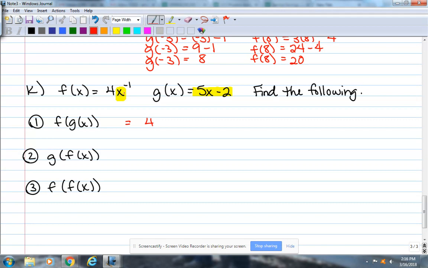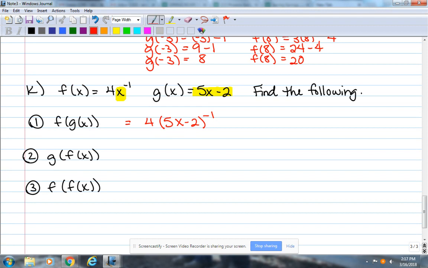And where they have an x here in f, I'm going to use parentheses. And I'm going to insert my g of x. And that's to the negative 1 power. So I'm going to put my negative 1 power. So where there was an x for f, I'm plugging in all of g of x. Does that make sense? So where I have parentheses is where there originally was an x. So I'm taking g, putting it inside of f.